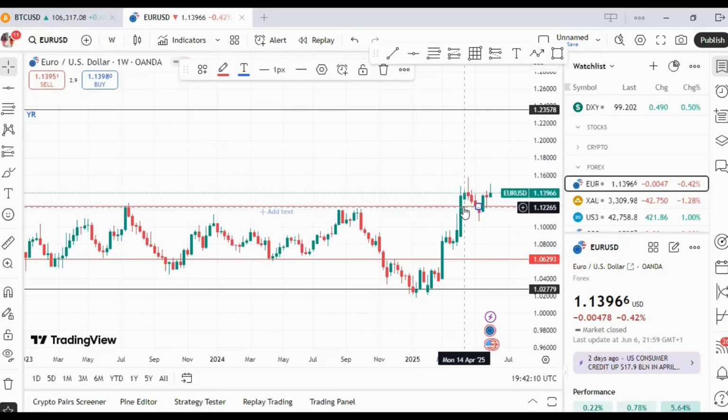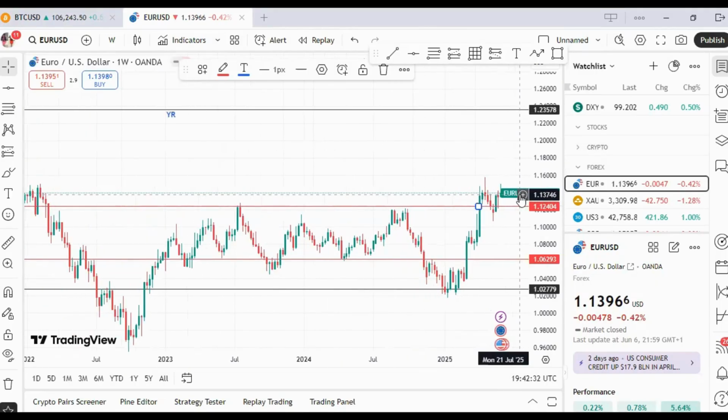Also known as a fair value gap. It is an imbalance, but there's also something else they call it too. Fair value gap. Nice one. All right, so let's look for our support and resistance on the weekly.